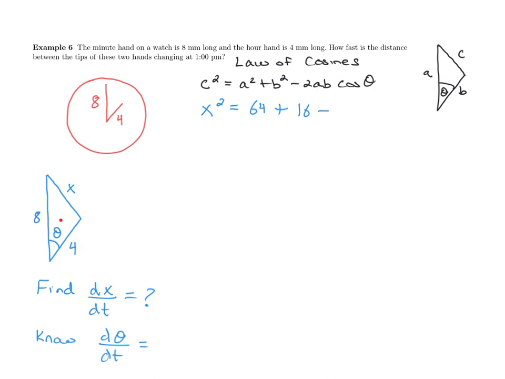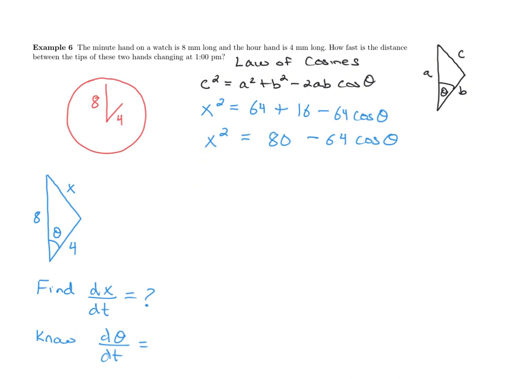A times b is 32, and if you double it, you get 64. And then we have cosine of theta. And if we simplify this, x squared is equal to 64 plus 16, which is 80, minus 64 cosine theta. To find this rate, I'll have to take the derivative of this equation.